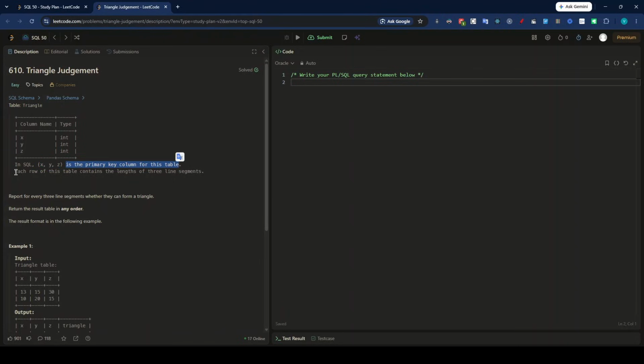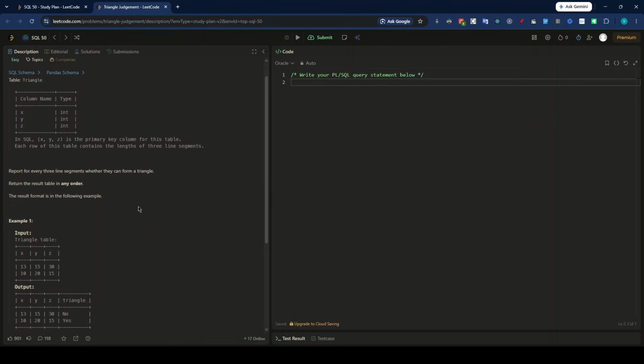Each row of this table contains the lengths of the three line segments. Report for every three line segments whether they can form a triangle or not, and return the result table in any order. And yeah, so very easy problem, guys.